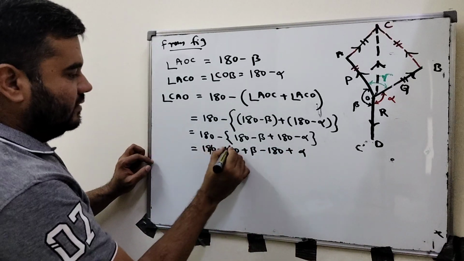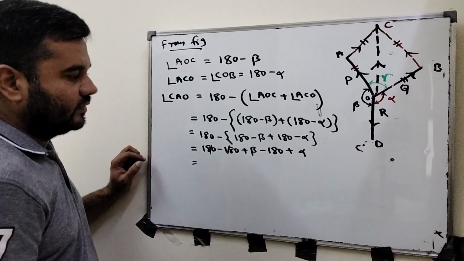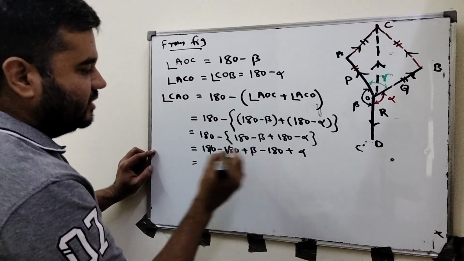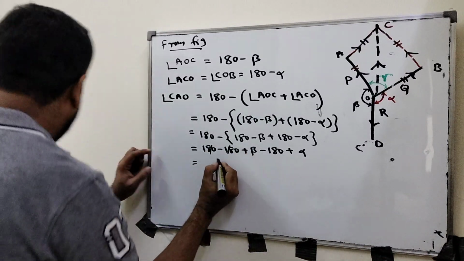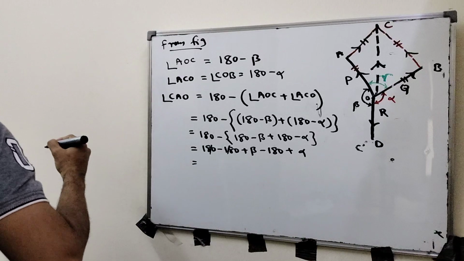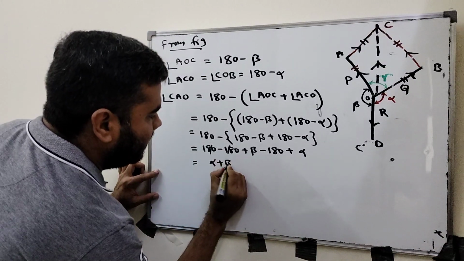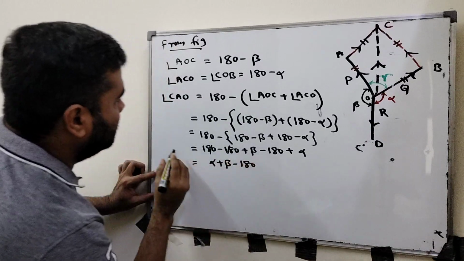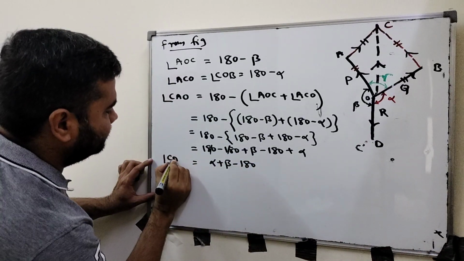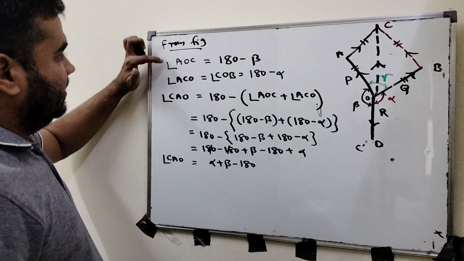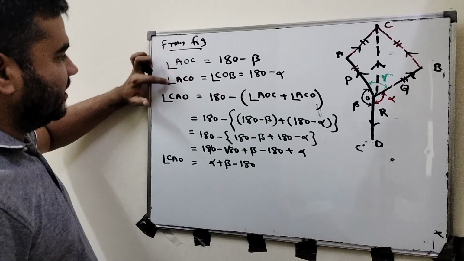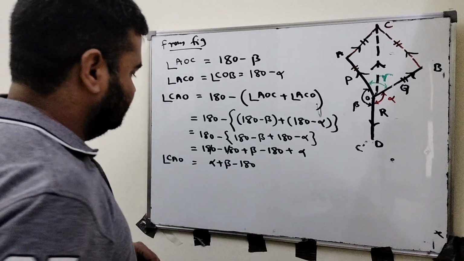This will be equal to alpha plus beta minus 180. That is angle CAO. Please just focus on this because we have to substitute later.